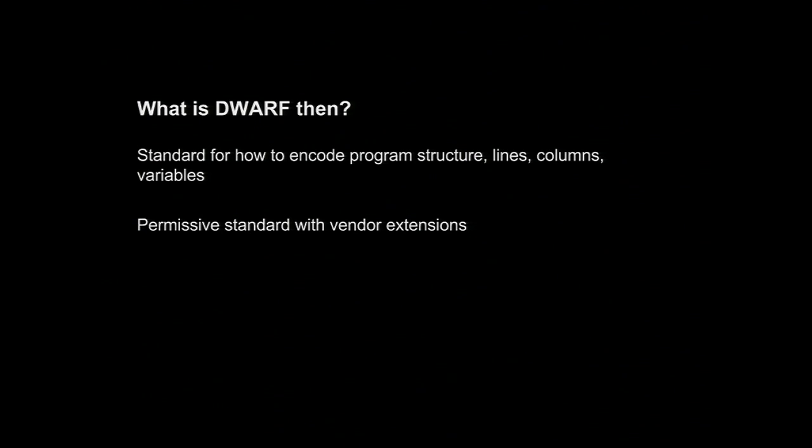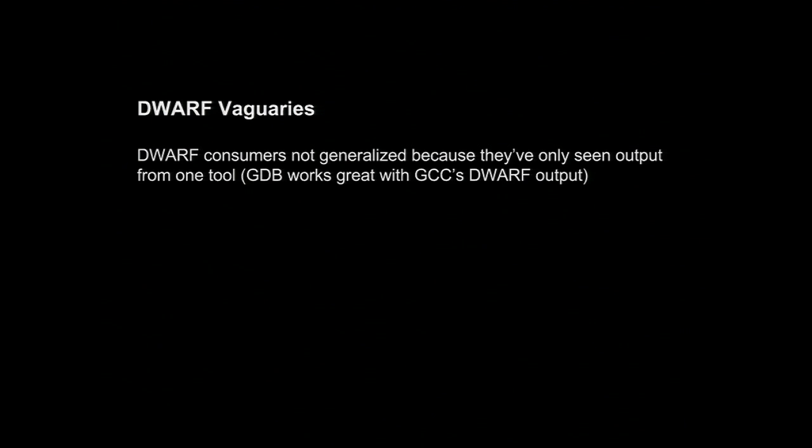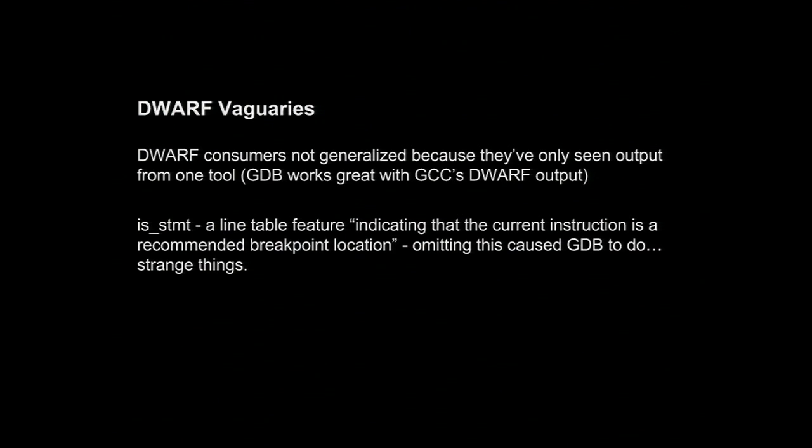So you have to be a little careful about the exact stuff you produce, given what your consumer might be expecting. For example, GDB's acceptance of DWARF has become, over the years, fairly good at understanding GCC's output.